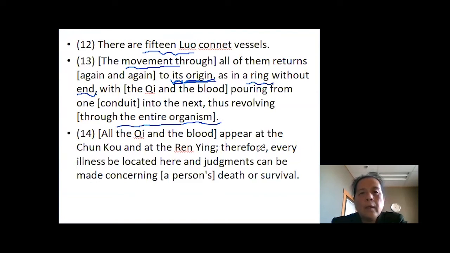Also, the qi and blood meet in the 寸口. 寸口 is where we usually take the pulse at the wrist, 寸关尺. That's what we call 寸口.